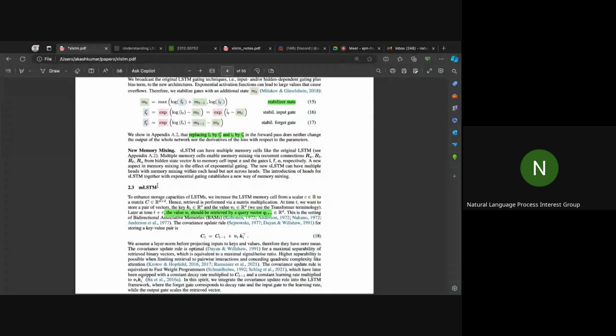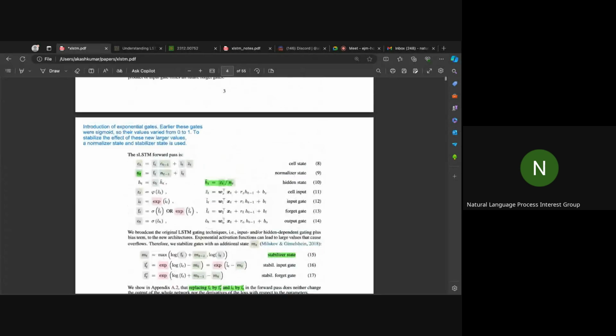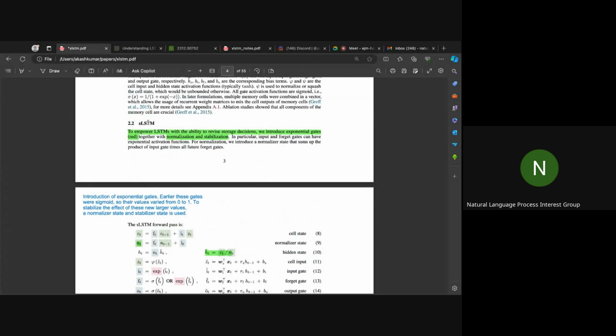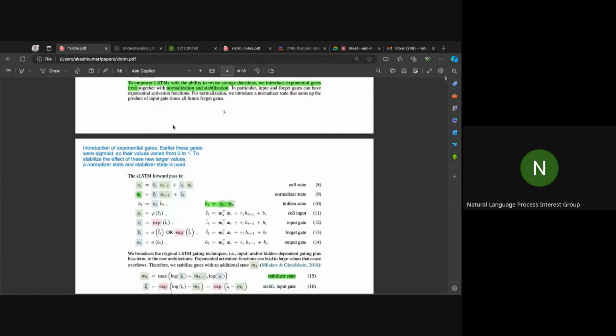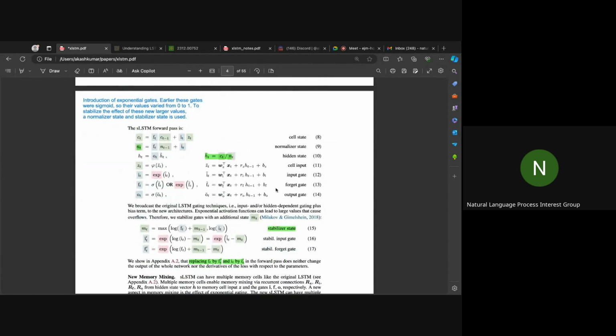So the next introduction by the authors is the idea of mLSTM. The sLSTM architecture still depends on the hidden state, and the hidden state is being updated iteratively, and it depends on the output of the model from the last time step.